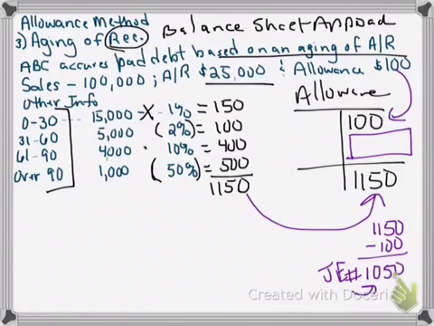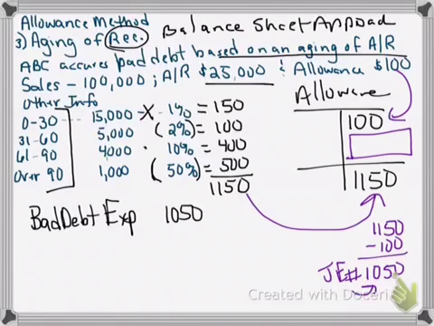So again, you will see bad debt expense as the debit, and it will be for the $1,050, and then you will see the allowance for doubtful accounts for the $1,050. So again, these are those three methods that you can look at and see.